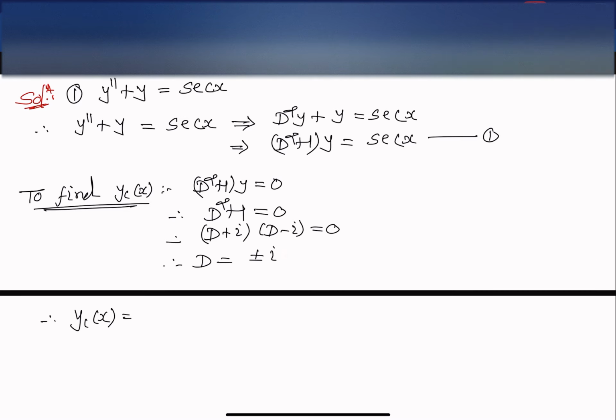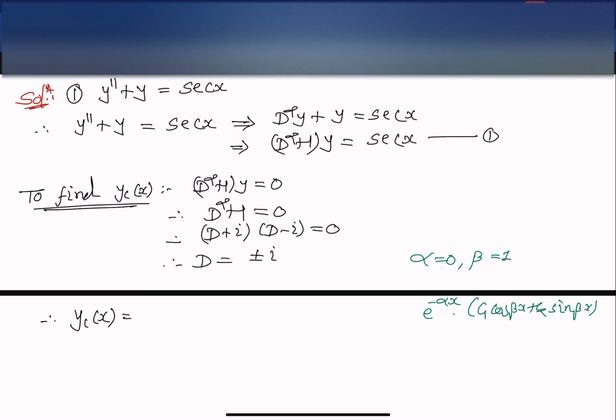So I am writing here alpha is equal to 0, beta is equal to 1, and so ycx is e raised to alpha x into c1 cos beta x plus c2 sin beta x.